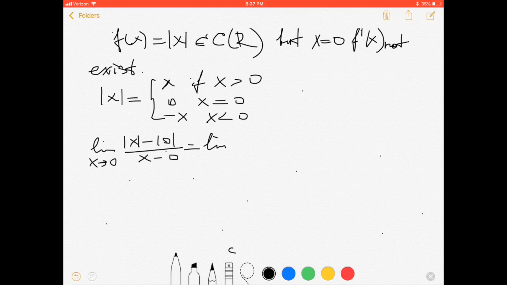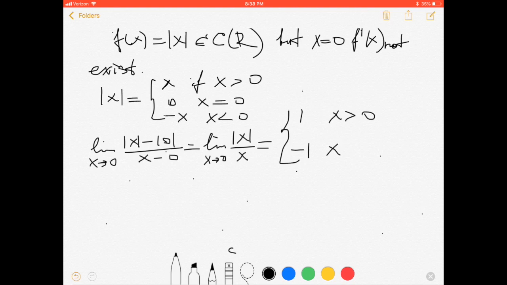It will be the limit of absolute value of x divided by x as x approaches 0. But this limit is equal to 1 if x is positive and negative 1 if x is negative. It depends which way you approach, from the right or from the left. Because you have two different numbers, the limit does not exist. This means the function doesn't have a derivative at point x equals 0.